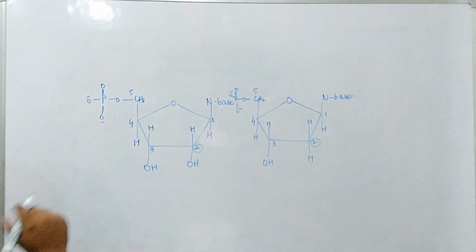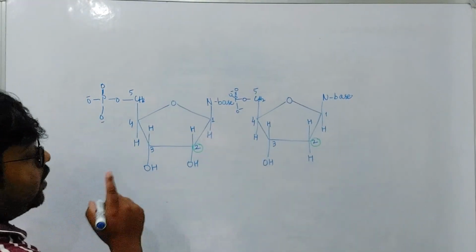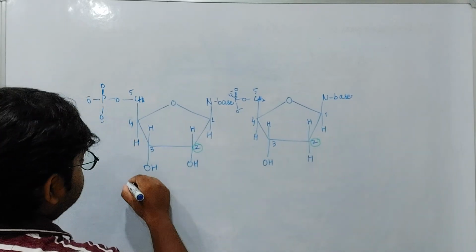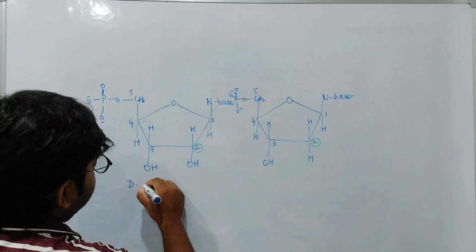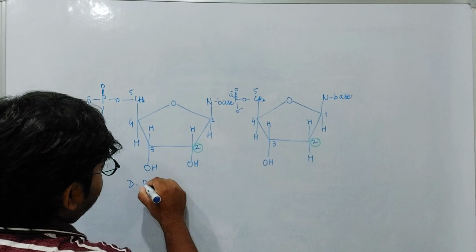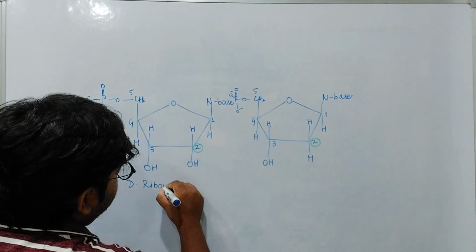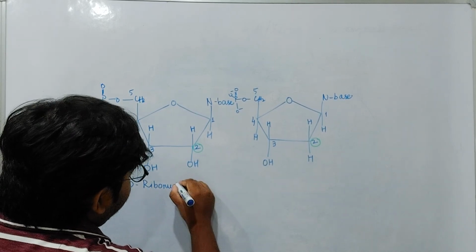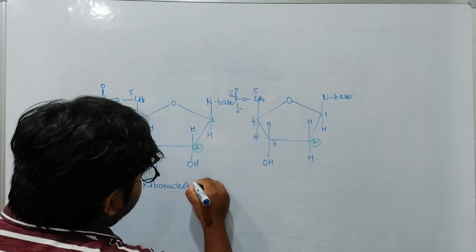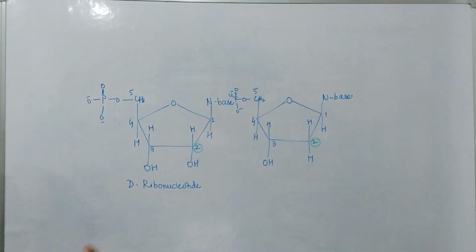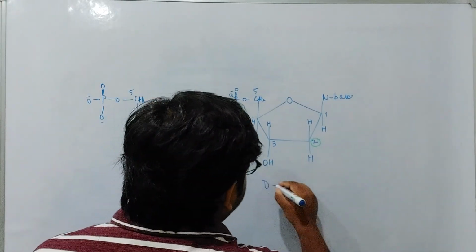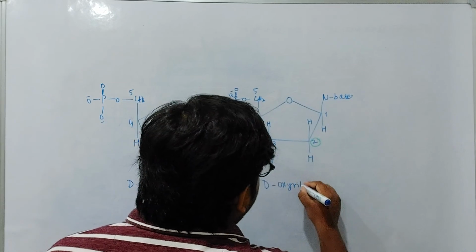So this one is again ribo nucleotide. This is not a nucleoside, it is a nucleotide, and that one is deoxyribonucleotide.